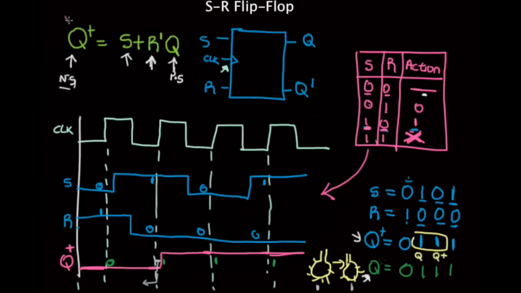So right now we're going to use this binary equation to find this Q plus. We are going to need S, R, and we're going to need Q to find Q plus. So let's do it. Our S is equal to 0 plus R prime. Here R was 0. So if you make a prime of that, it's going to give you 1 times Q, your previous state, which is 1 here.